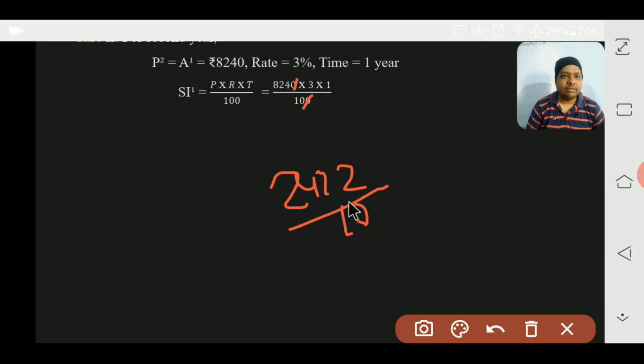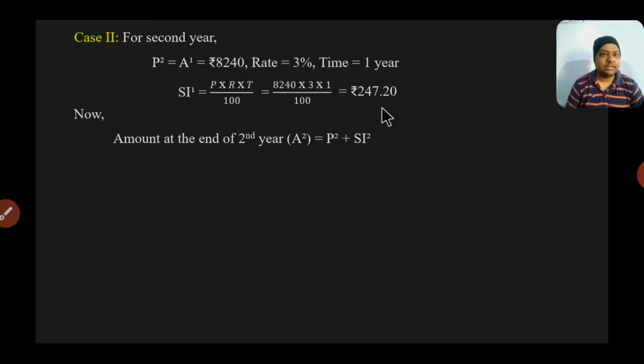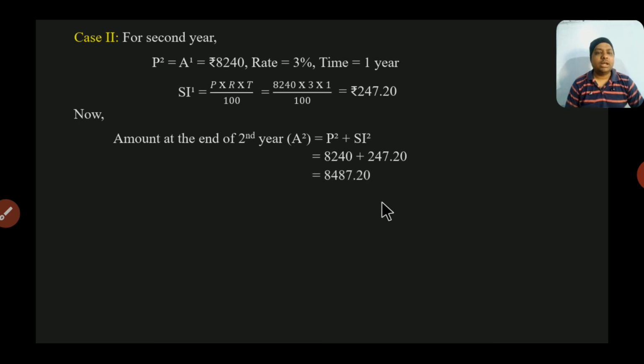It means we will divide, then we will have to put the point here. It means 247.20 will be the simple interest. Now amount at the end of the second year will be what? That principal plus that simple interest. It will be what? 8,487.20. That is the final amount.